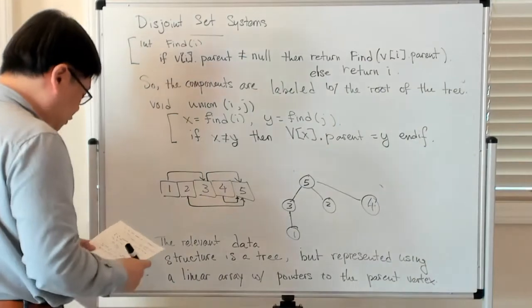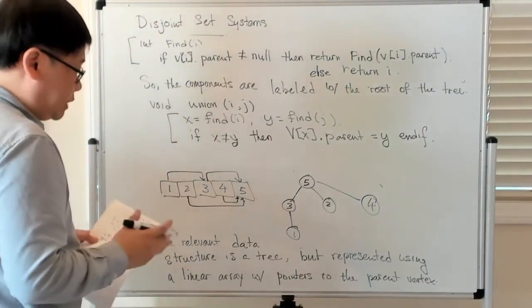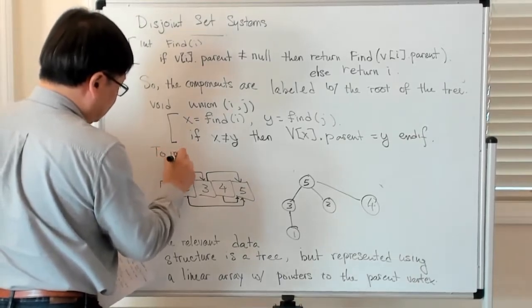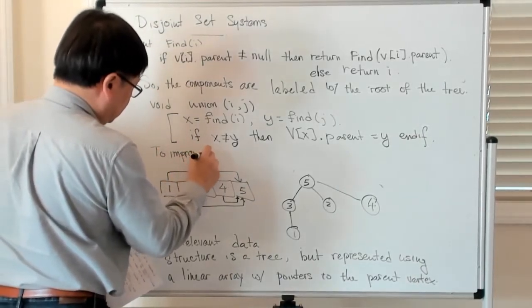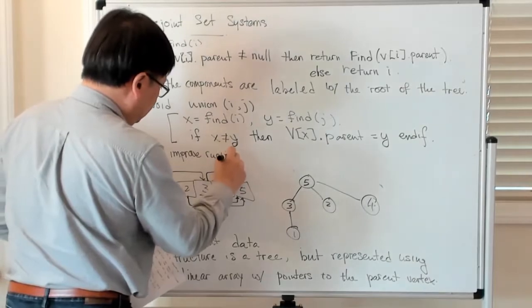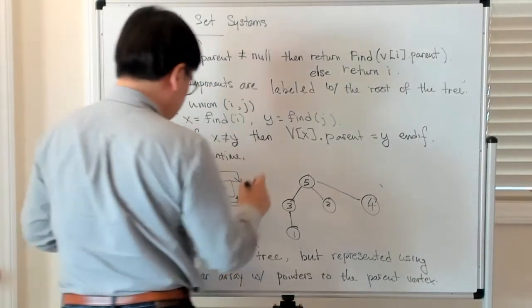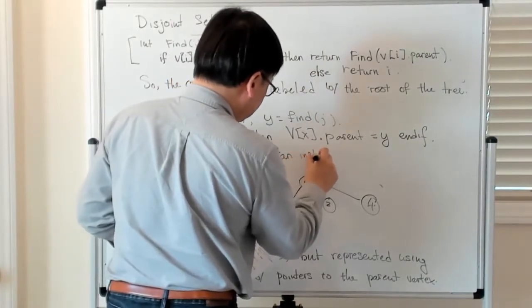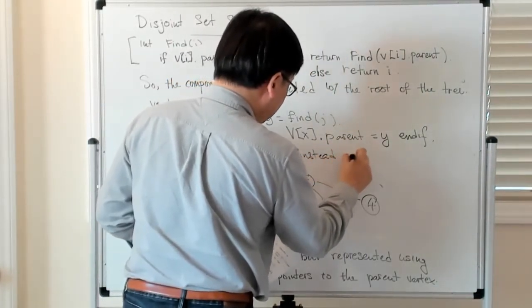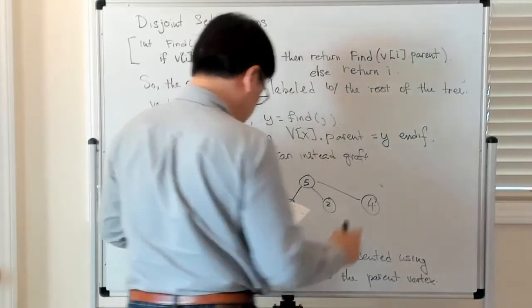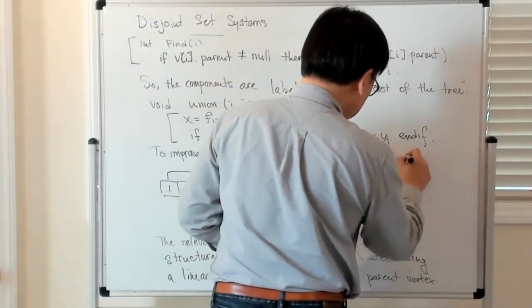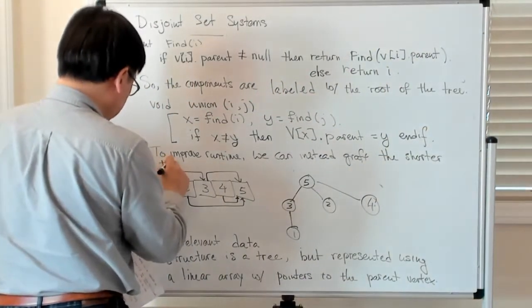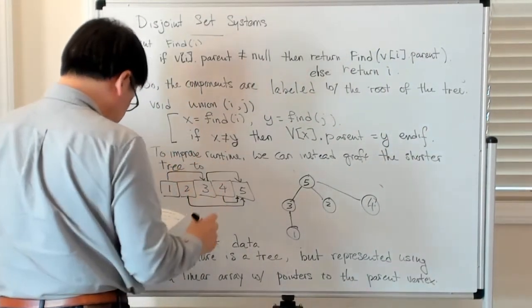I'm not going to say too much about the details, but to improve runtime, we can instead graft the shorter tree to the taller tree.